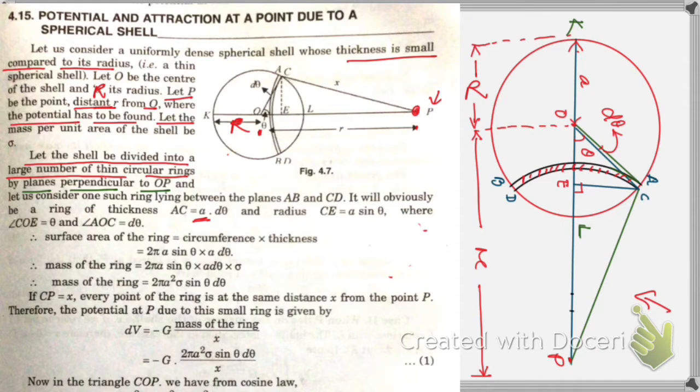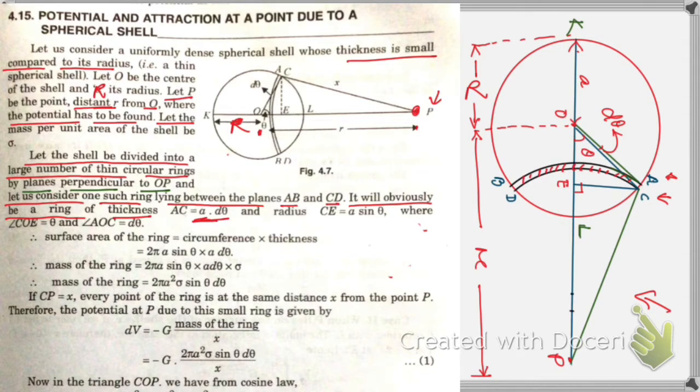Now you see, let us consider one such ring lying between the planes AB and CD. These are the two planes AB and CD. Here you can see in the diagram, this is A, B, C, D on the right hand side. So between these two planes we have taken a ring. It will obviously be a ring of thickness AC. So the thickness of this ring AC is given by r d theta.